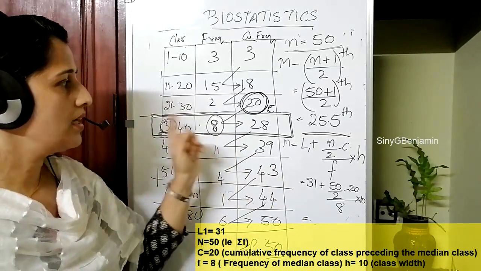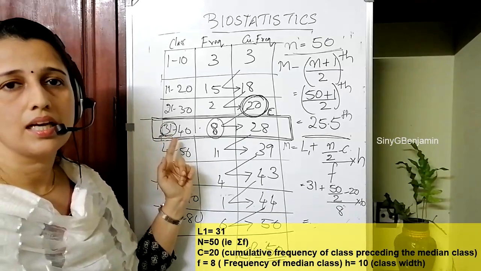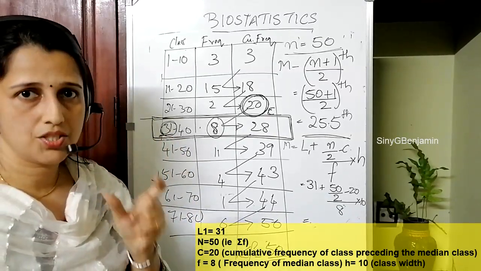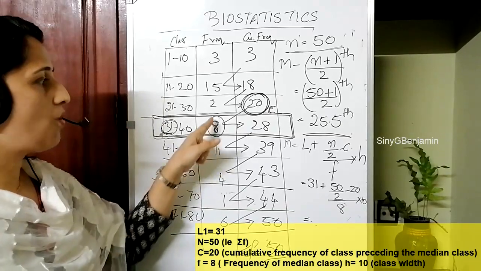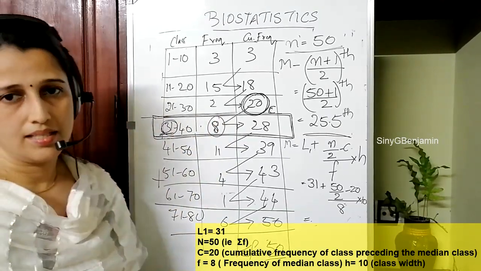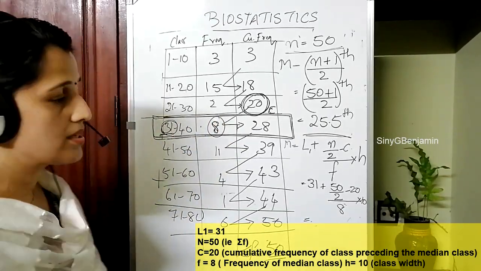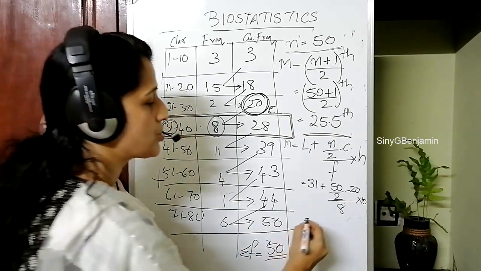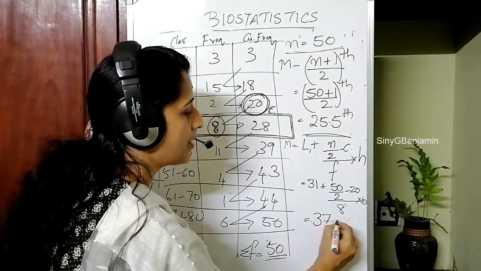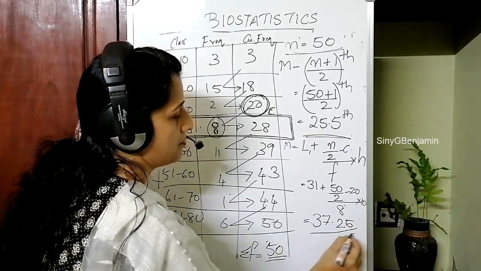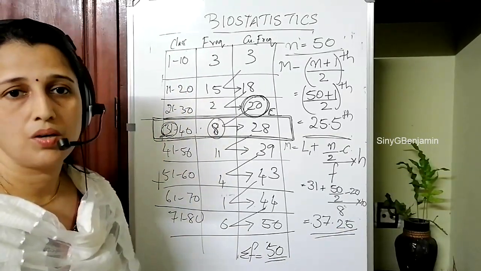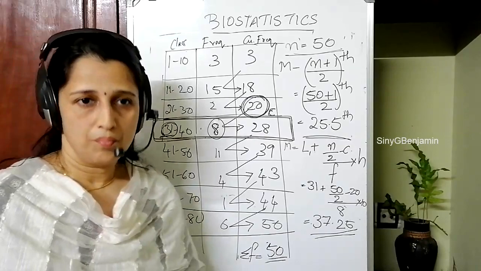Then H is the difference of the class interval, or the class width. 8 is the frequency of the median class. And you can substitute the values, and after calculation the result comes to 37.25. That is about how to calculate the median.